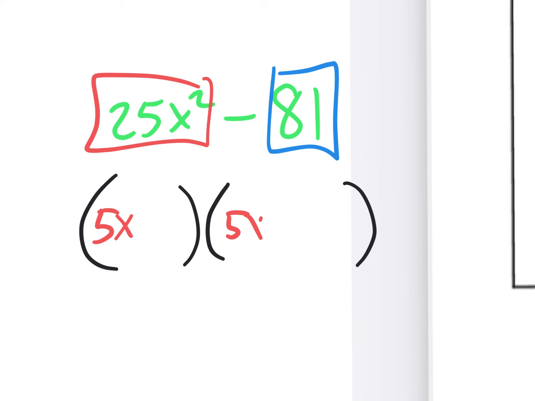What's the square root of 81? 9. And if you need it to be a negative 81 at the very end, it has to be one positive 9 and one negative 9. That's the only way the middle term will cancel out when you combine it, as if one's positive and one's negative. It doesn't matter which one you put first. That's how you would factor that one. Okay, I just wanted to explain that briefly.